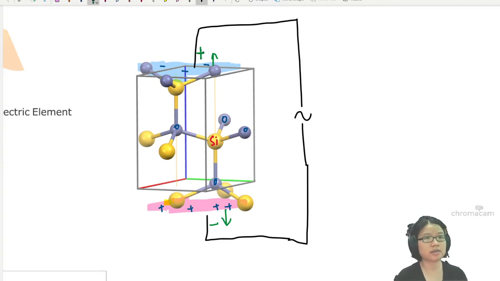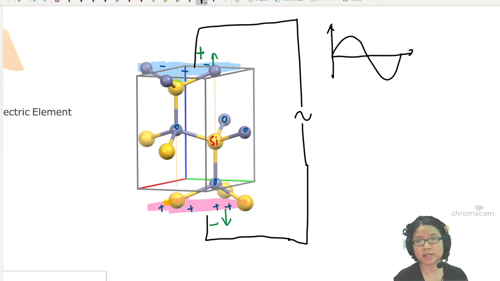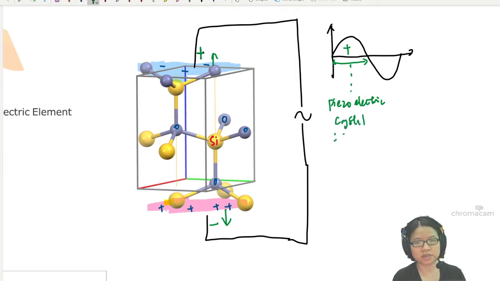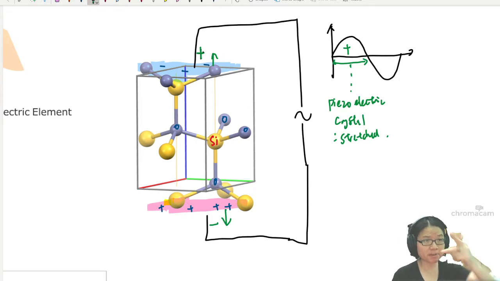So in this cycle, time to do some AC review. When we place an alternating current inside, let's say this is the positive cycle, the crystal is stretched. So our piezoelectric crystal is stretched. Flip the cycle.